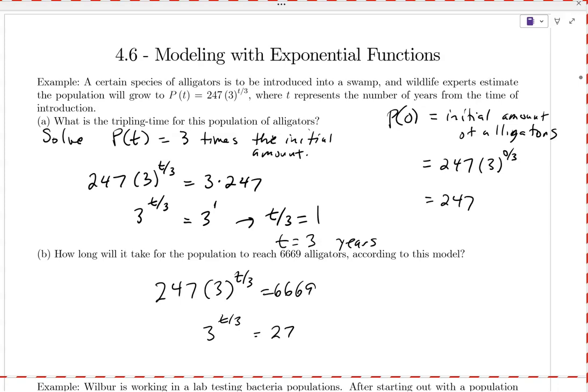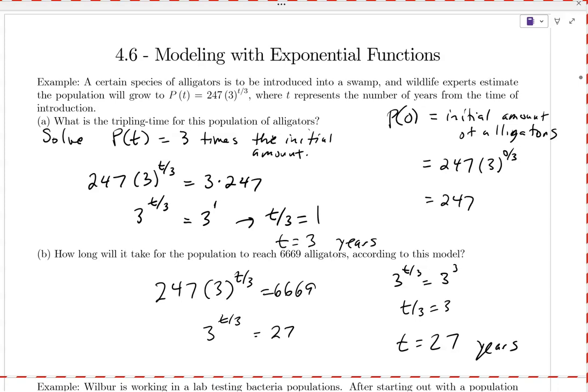How can you rewrite 27 as a power of 3? 3 cubed. And now what do we do? Good. Set the exponents equal to each other. And multiply both sides by 3.